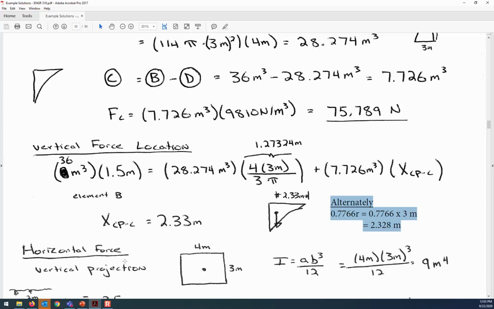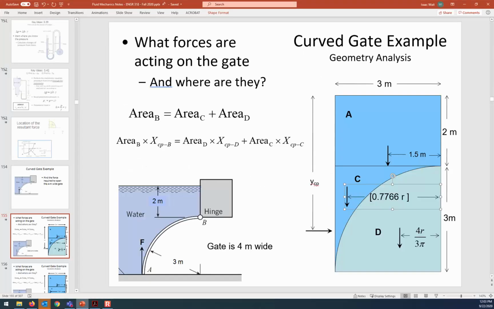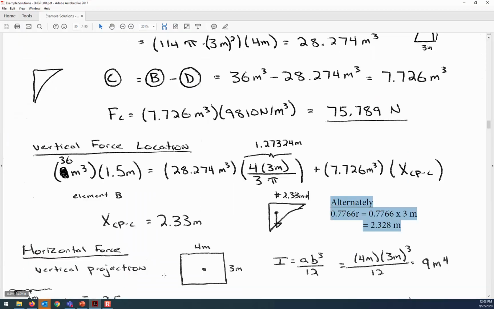So the horizontal force is as though we are considering the vertical projection. And so this gate, its vertical projection is 3 meters tall and 4 meters wide. It may, for some of us, take a little bit of practice being able to visualize what the projection looks like.